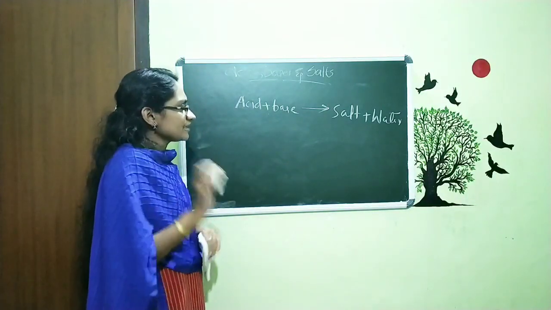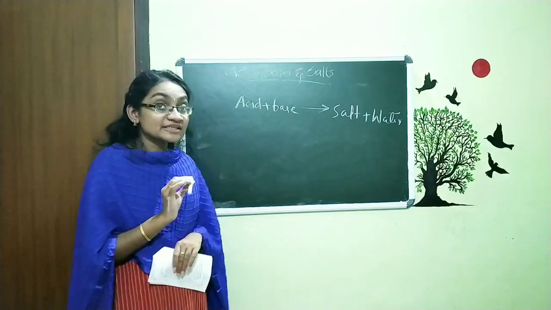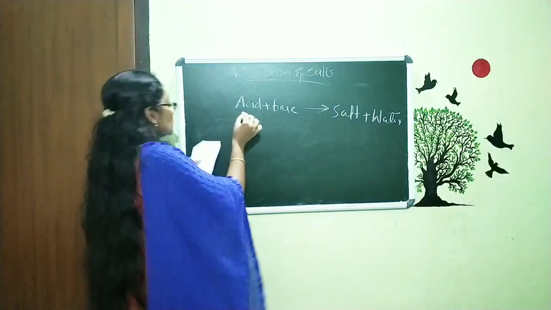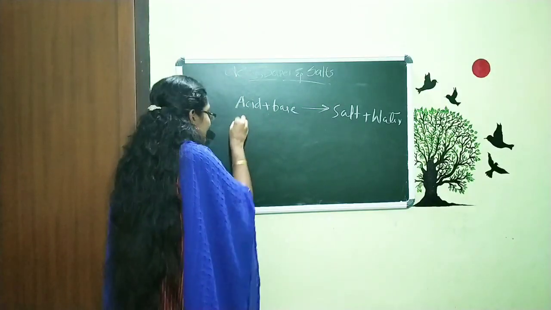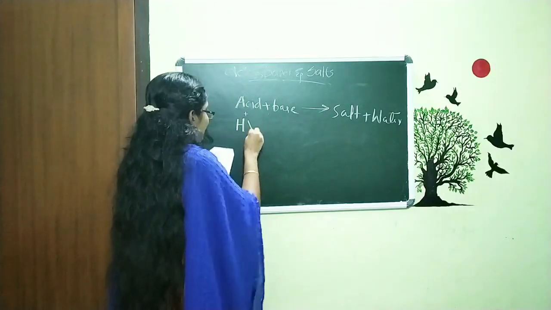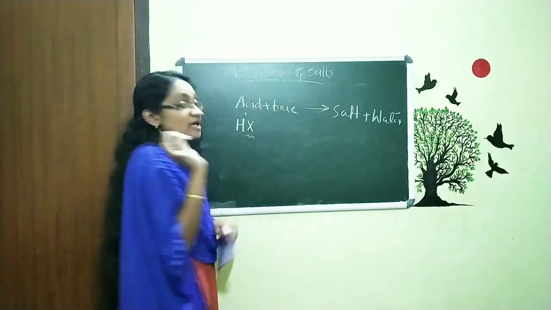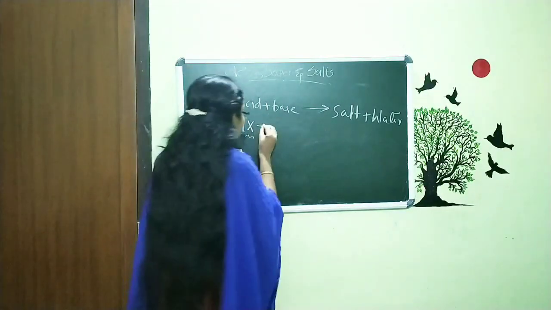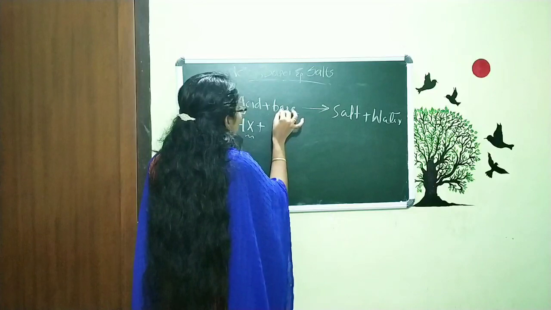And now I am going to write this with the representation of H plus and OH minus. So for this acid, I am writing it as HX. This X is one variable. And I am not representing this plus here. That is silently meant. And plus, what about the base?